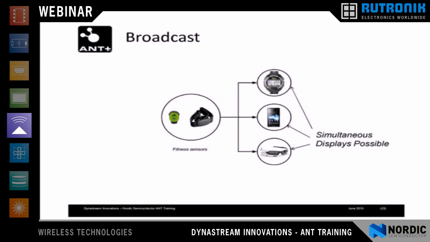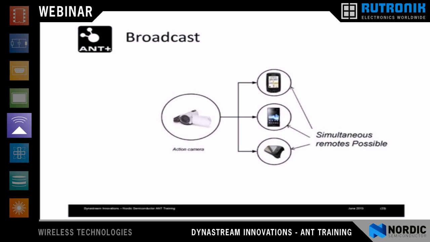So really you've got the same pieces of data coming from the sensors displayed on all three displays. Just so you understand, if you're not familiar already, that is impossible with Bluetooth Low Energy. So if your application isn't sport, but you need to have multiple independent connections between a transmitter and multiple displays, ANT is your best selection.